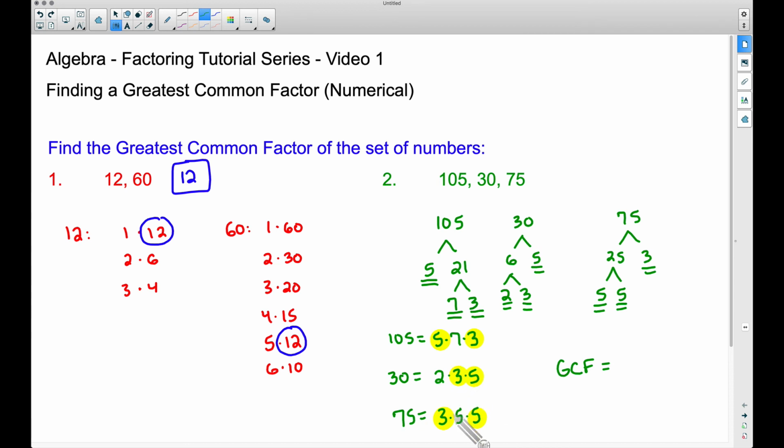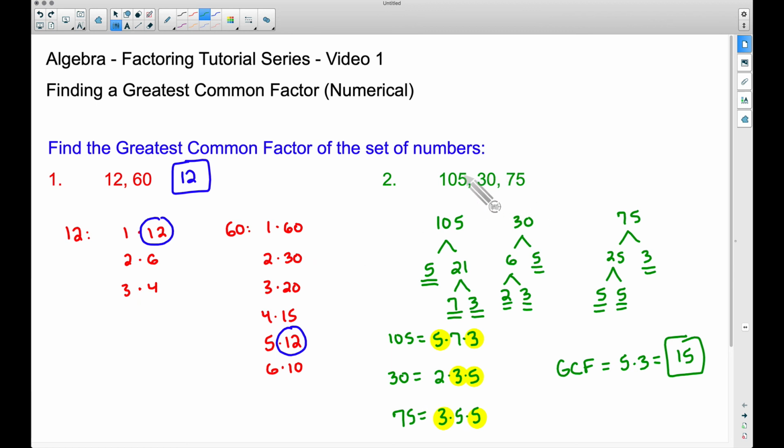They have no other prime factor in common, no 7, no other 5s, no 2s, but the 5 and the 3 they do have in common, and if we multiply those together, we get 15. It turns out 15 is the greatest common factor of 105, 30, and 75.